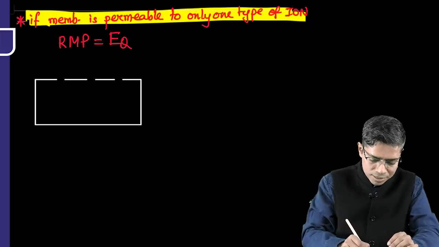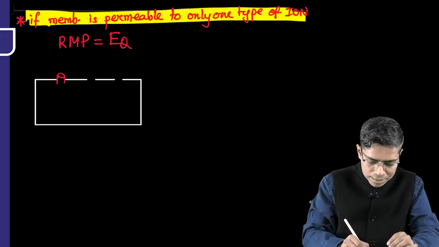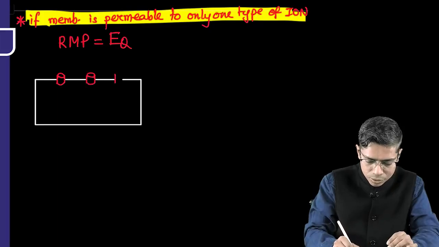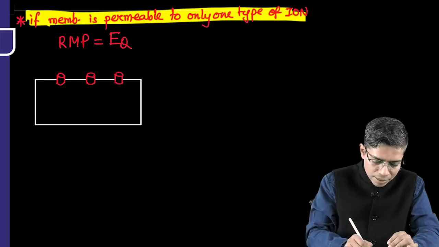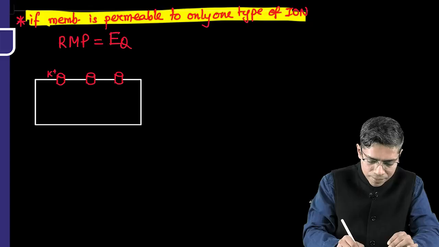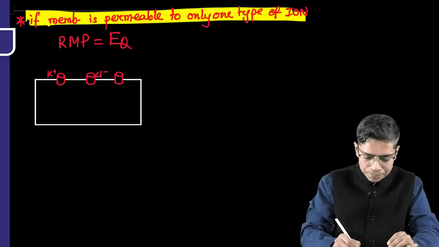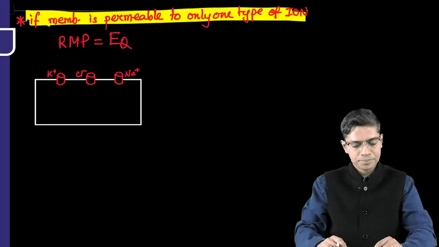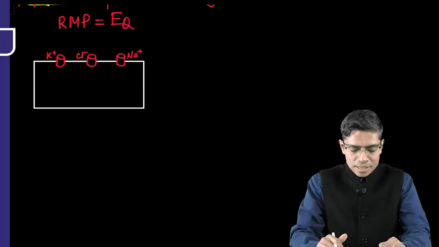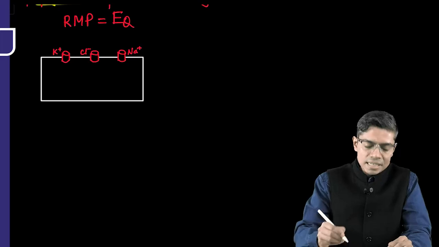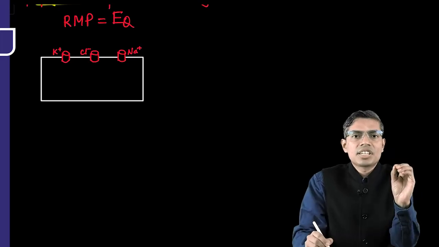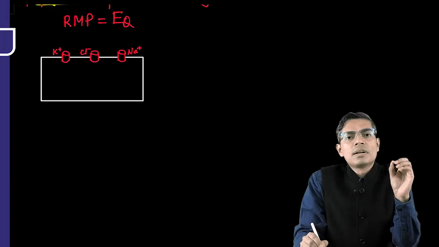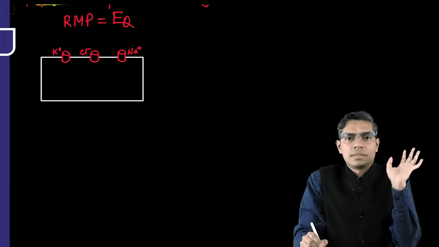So let's try to understand the scenario in the case of a typical mammalian cell. Right. A typical mammalian cell contains leak potassium channels, leak chloride channels, and leak sodium channels also. So whenever one cell membrane contains all three types of leak channel, every channel will try to develop its equilibrium potential.